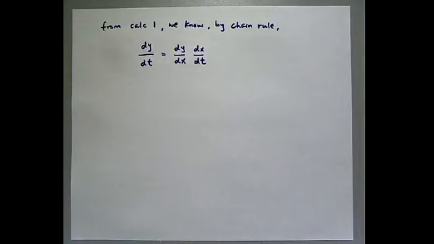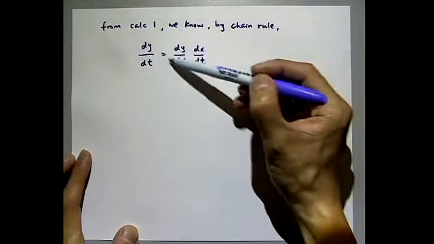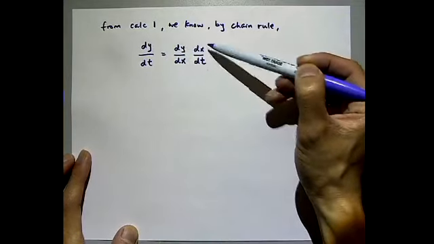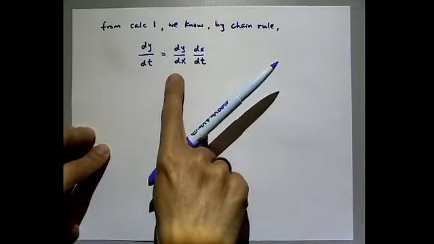Right? So what happened back then was that we had y as a function of x, but x in turn is a function of t. So if you wanted to relate y to t, we take the derivative dy dx first, and then dx dt. Right? Now, we're going to modify this a little bit.